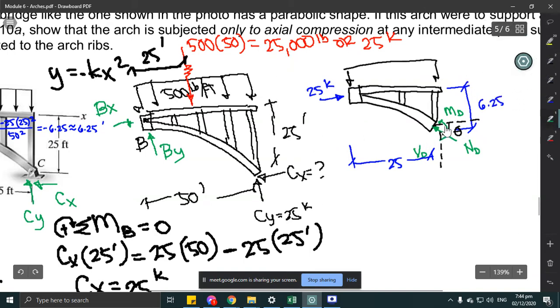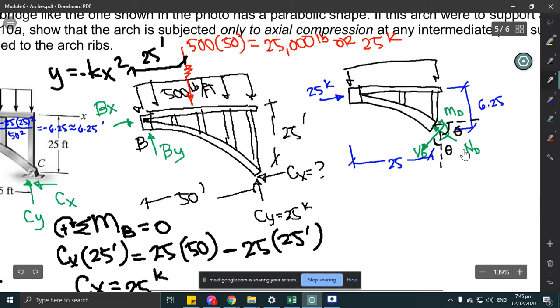So itong shearing force na to, ayan, that will also make an angle of theta with respect dun sa y-axis.